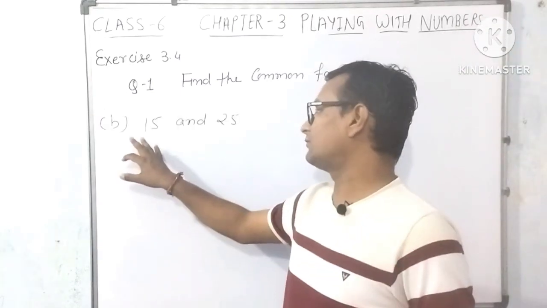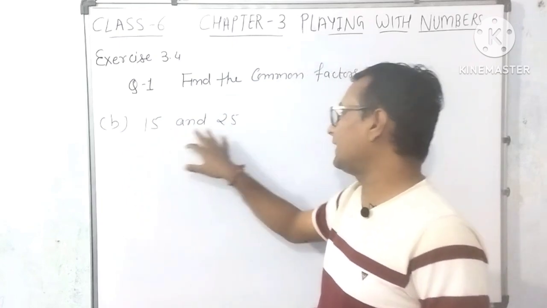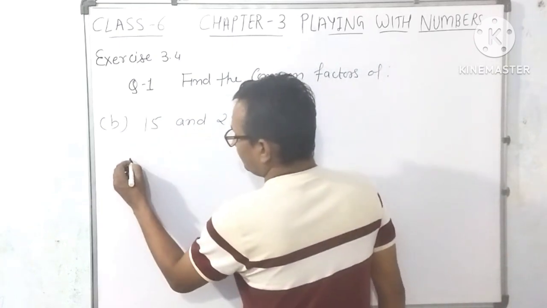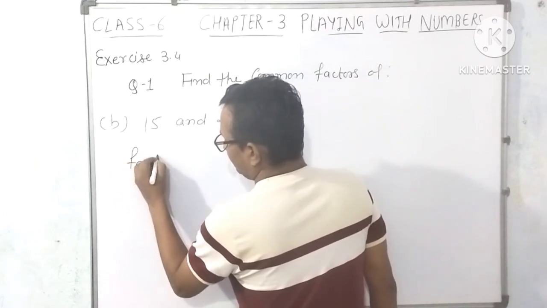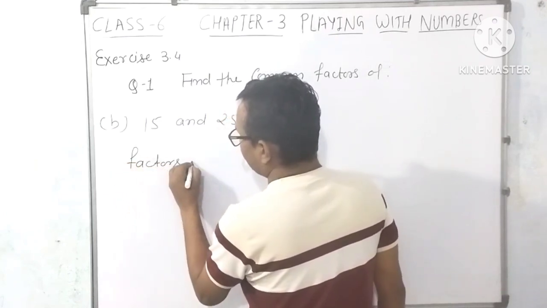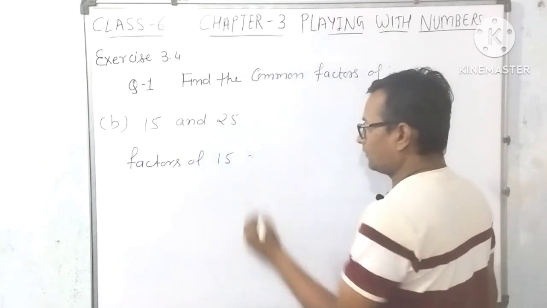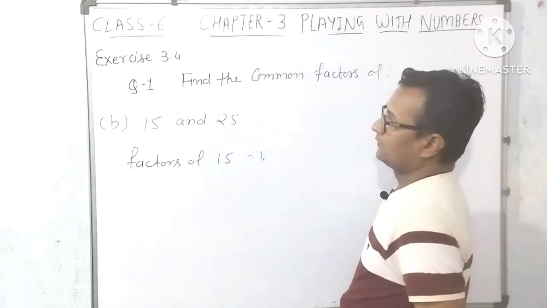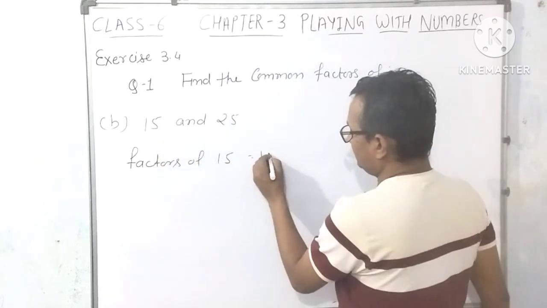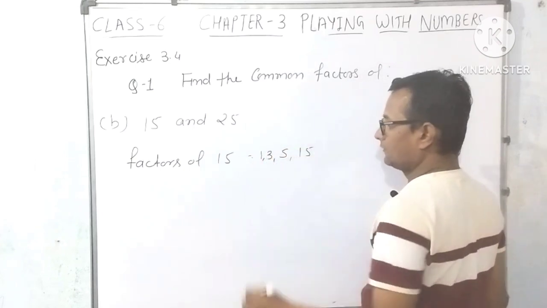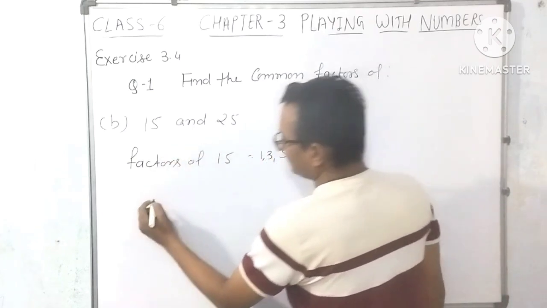Friends, now you have to find out the common factors of 15 and 25. So first we have to find out the factors. Factors of 15: 1, 3, 5 and 15. In the same way, find the factors of 25.